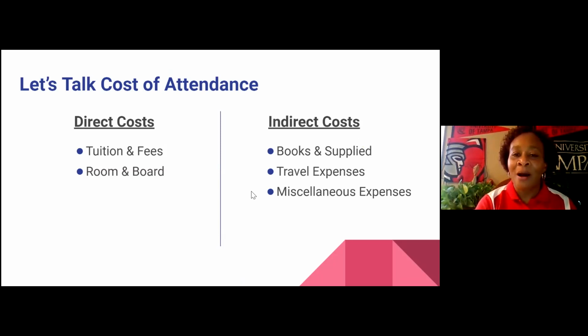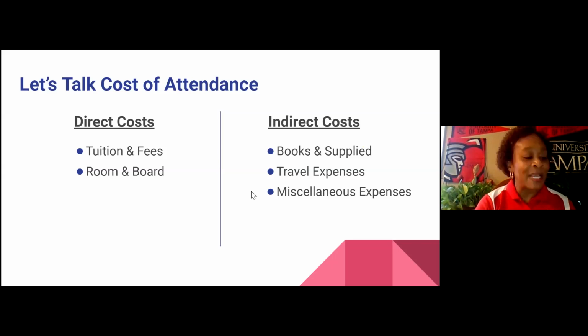And indirect costs will be pretty much all the other costs that you will incur while enrolled in school. So depending where you purchase or rent books and school supplies will determine who you pay and how much. You can spend more or less than the estimated budget set by the college or university.